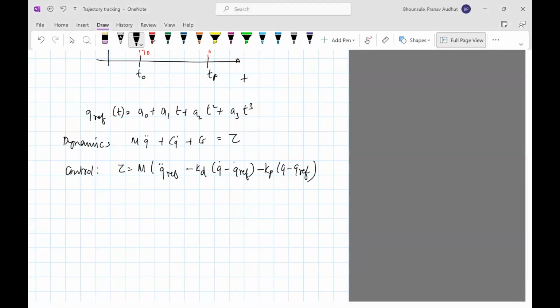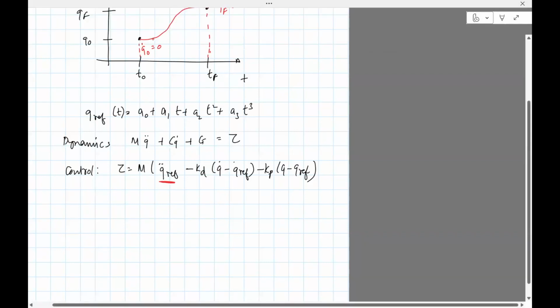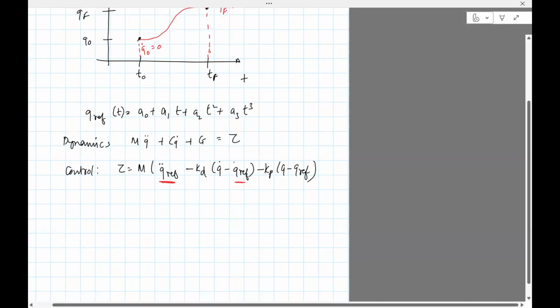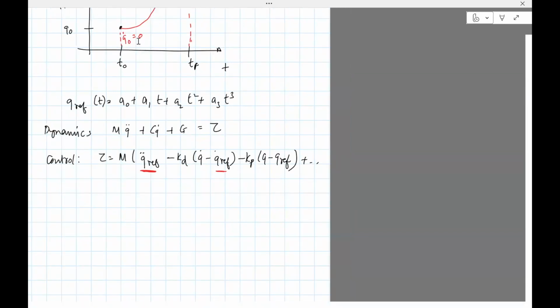The changes which have taken place is that we have added the reference acceleration, we have added the reference velocity, and the third part is the same. And then we add more stuff, which I'm out of space, so I'll just write in the next line: plus g, which is a function of q, plus c(q, q dot) q dot.